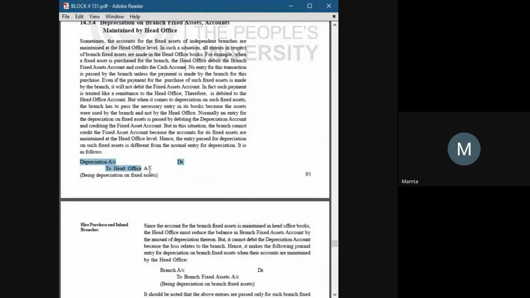Why have we mentioned the head office here? Because the fixed asset doesn't belong to the branch. The fixed asset belongs to head office only. That's why we have put the head office instead of the fixed asset name. Understood?